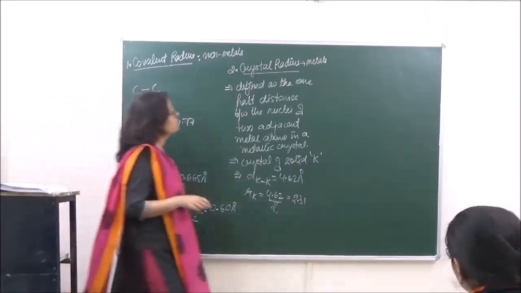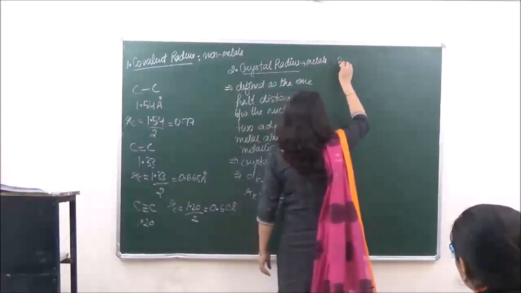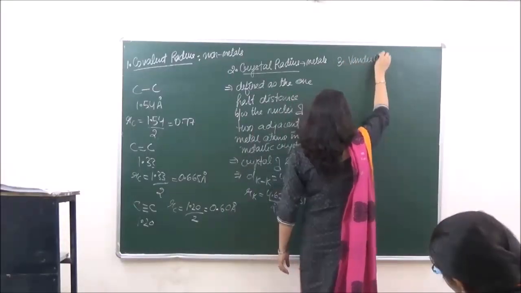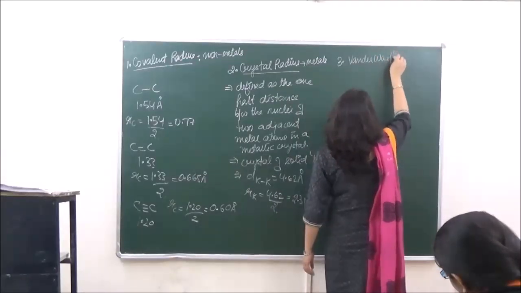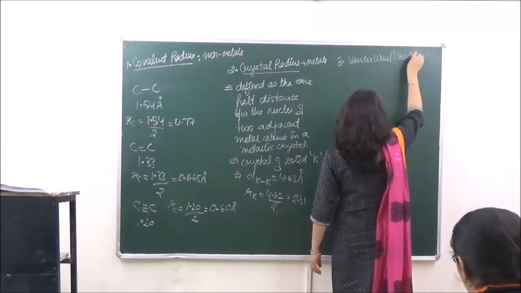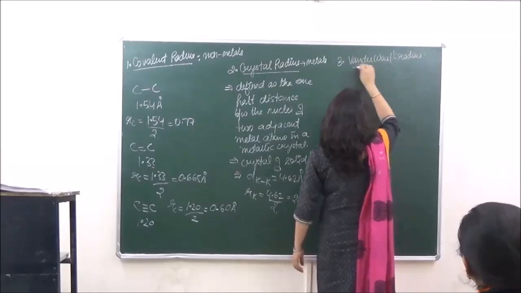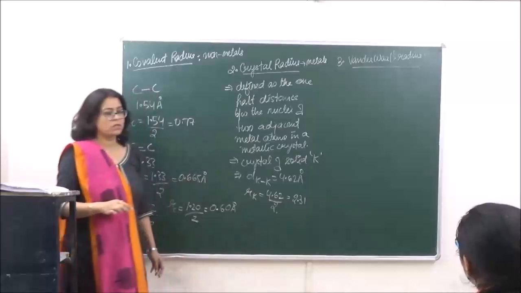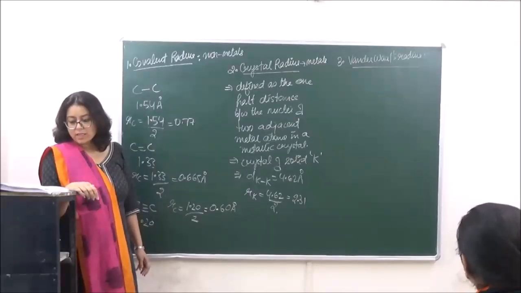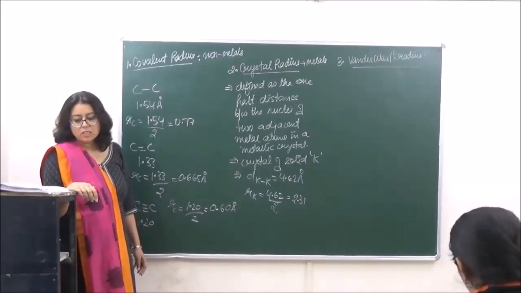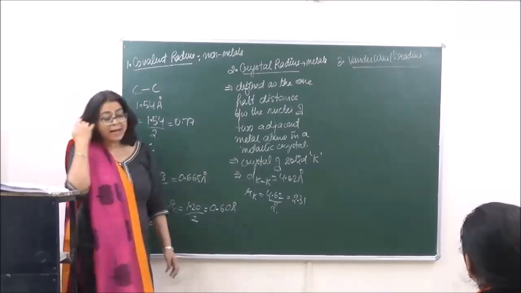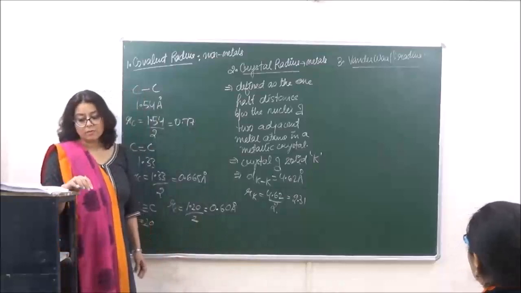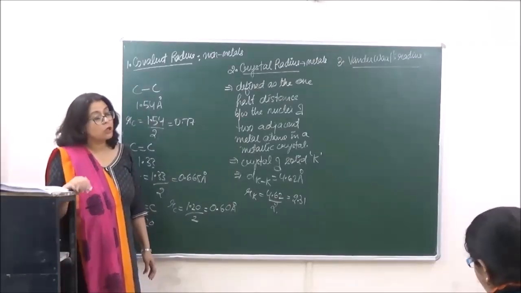The third type of radius is the van der Waals radius. Now, van der Waals radius is what? It is the half of distance between nuclei of two non-bonding neighboring atoms of two adjacent molecules.